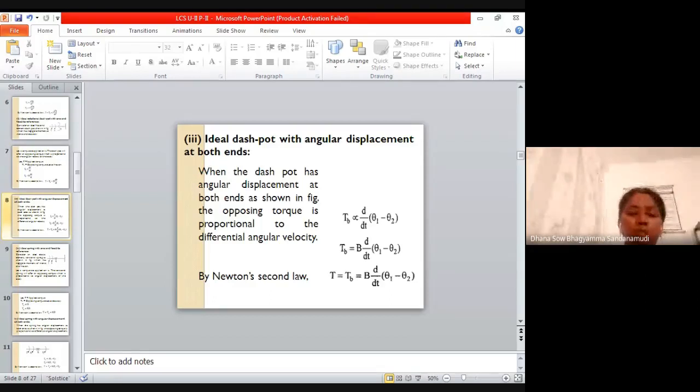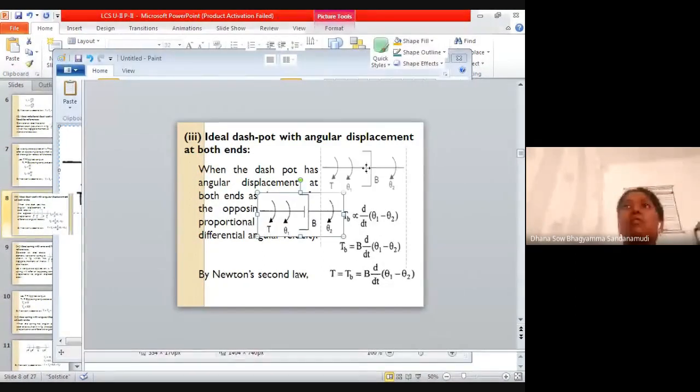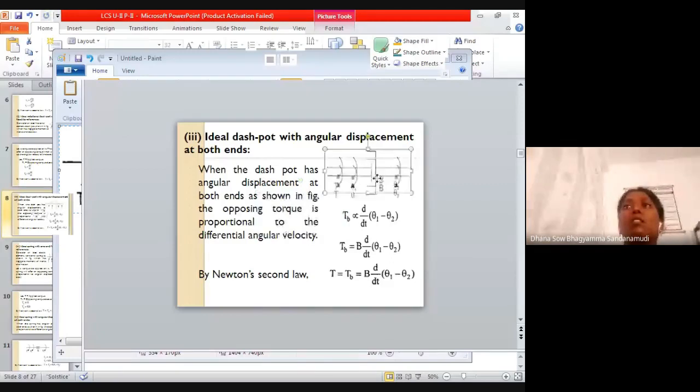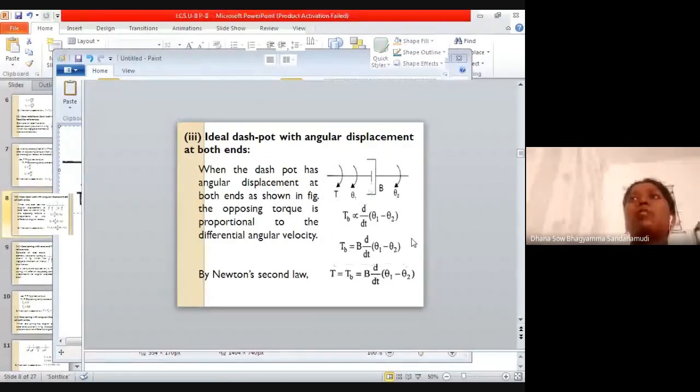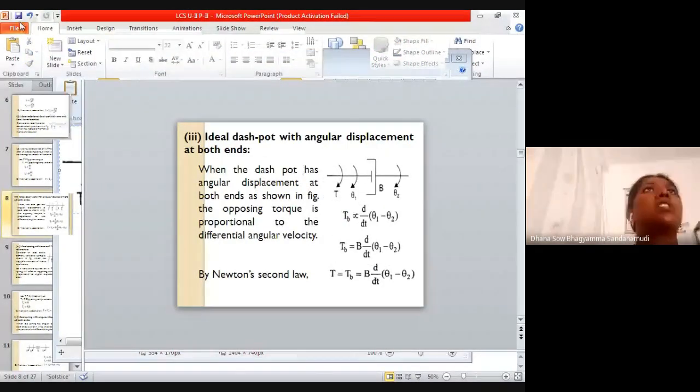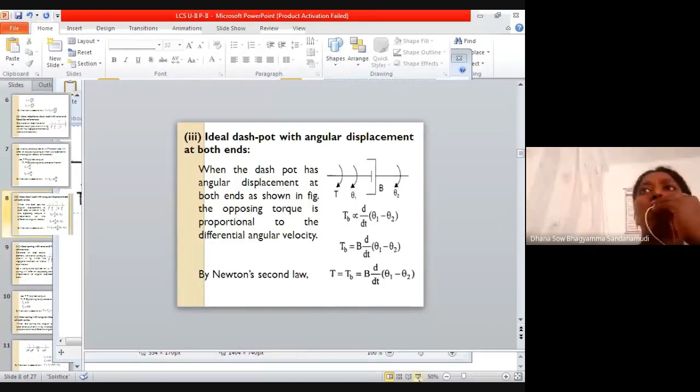I want to apply only T. So the applied torque is T. Since both the ends are free to move, there is an angular displacement of theta 1 and theta 2.